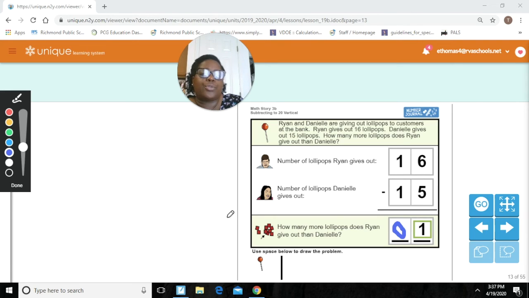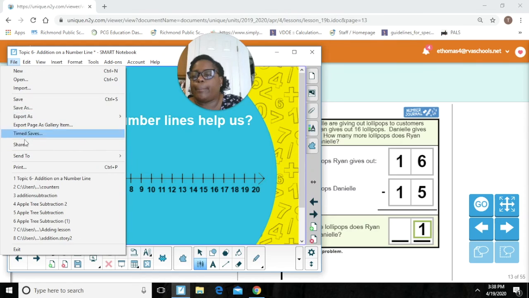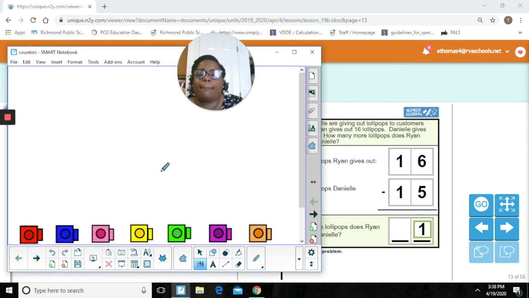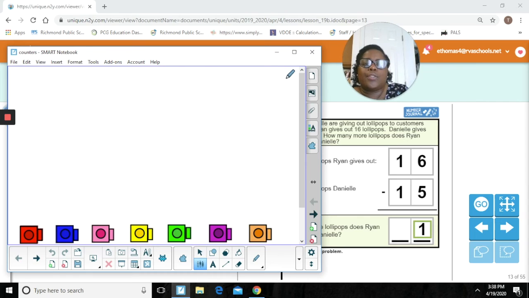And you can also do this using counters. Let's do it using counters to see what the answer is going to be. If you do it using counters, how many counters are we going to take out first? 16.